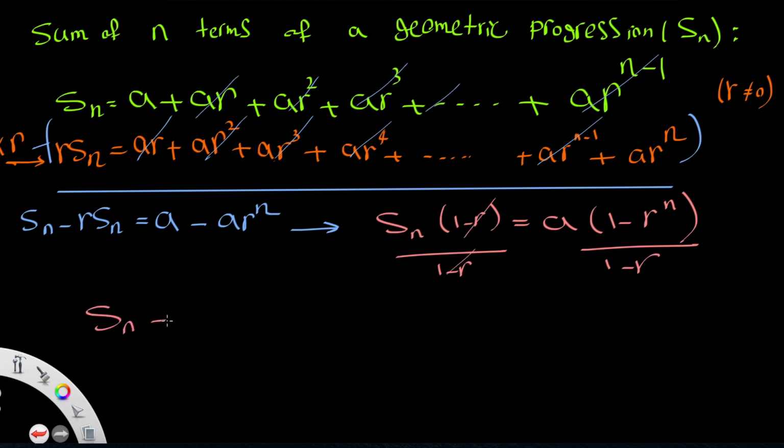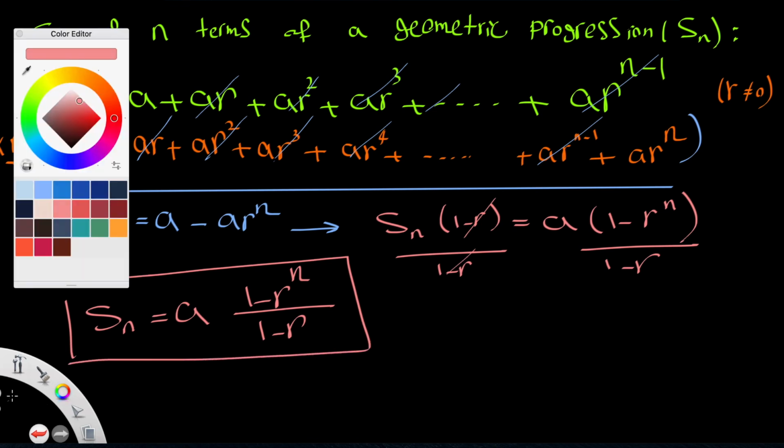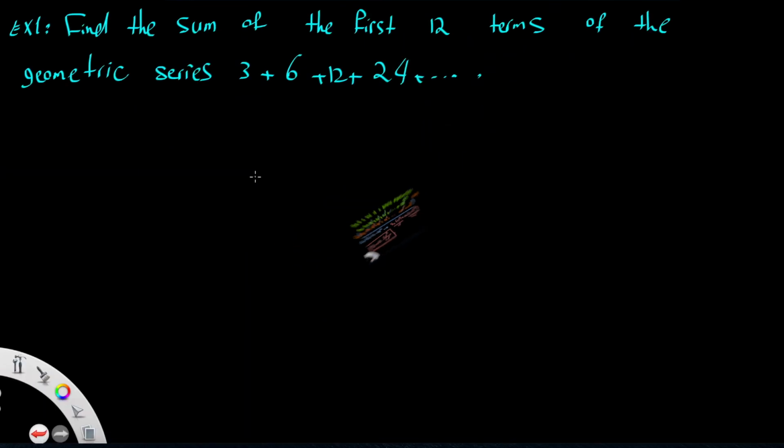So Sn will be equal to a times 1 minus r to the power of n over 1 minus r. This formula can be used in order to find the sum of n terms in a geometric progression. Let's see some examples.